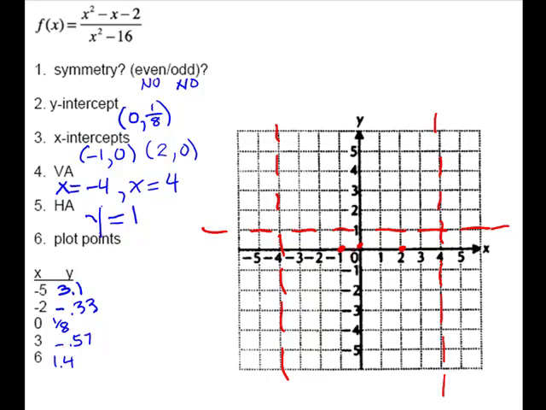The 0, 1/8 was between these two, but we had already actually found it as an intercept. 3 was between this intercept and this vertical asymptote. And 6 was just giving something out in this section. So you have to have something in each section.